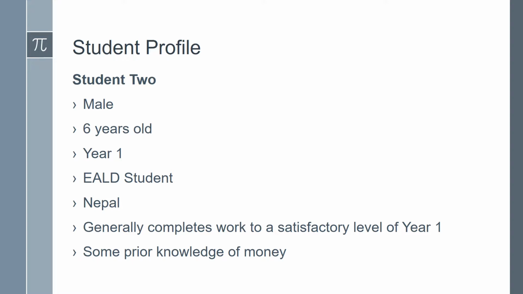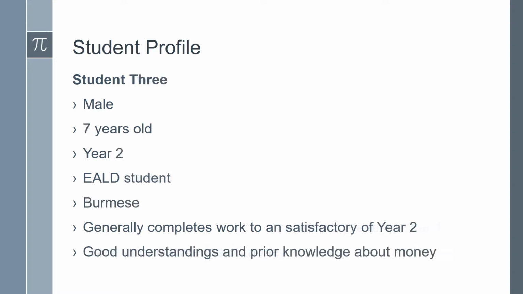He generally completes work to a satisfactory level of year 1. And student 3 I chose is a year 2 boy. He is 7 years old, and he is an ELD student as well. He speaks Burmese at home, and he generally completes work to a satisfactory level of year 2.